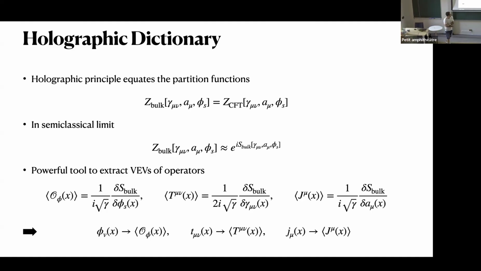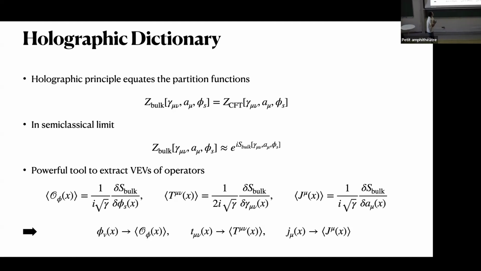So what does holography do then? It tells you that, okay, take the gravitational theory, compute the partition function in the bulk. You have fixed all these boundary conditions. So your partition function will then be a functional of these boundary conditions. And holography tells you that this is precisely the partition function of the dual field theory.